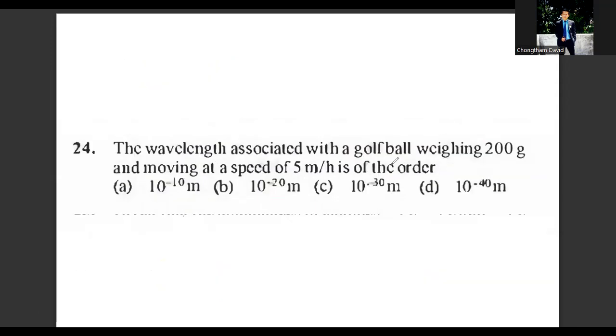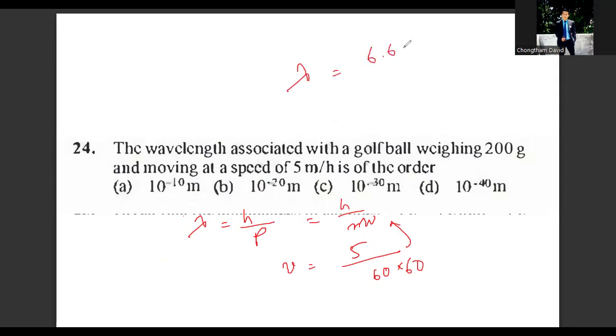The wavelength associated with a golf ball weighing 200 grams moving with a speed of 5 meters per hour is of the order of. So use the de Broglie relation, which is lambda equals h by p. You know, p is momentum, linear momentum. Then velocity can now be written as 5 into 60 into 60. Right, and then from this equation again, you substitute here. Lambda equals 6.6, 10 to the power minus 34. This is your h. And mv.